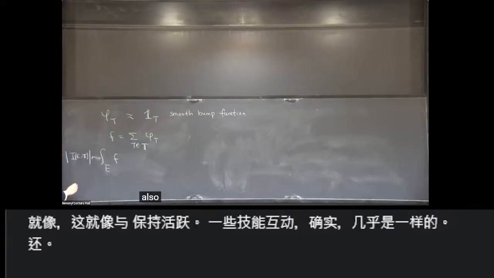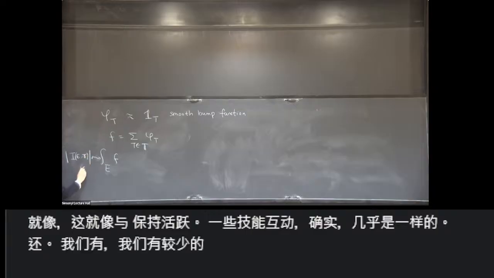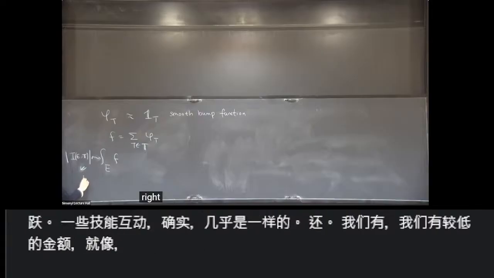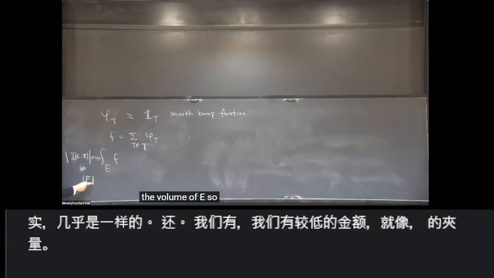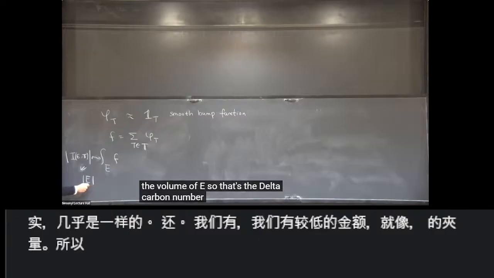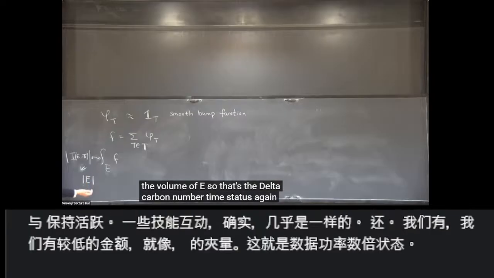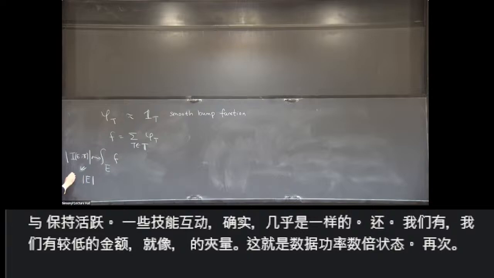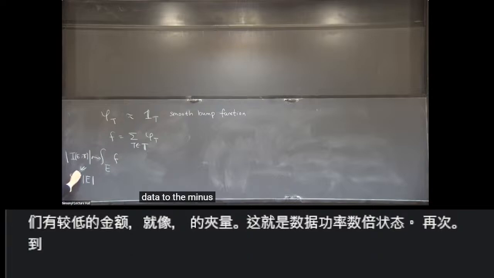Also, we have a lower bound that's like the volume of E. So that's the delta covering number times delta to the n, and then delta to the -1.